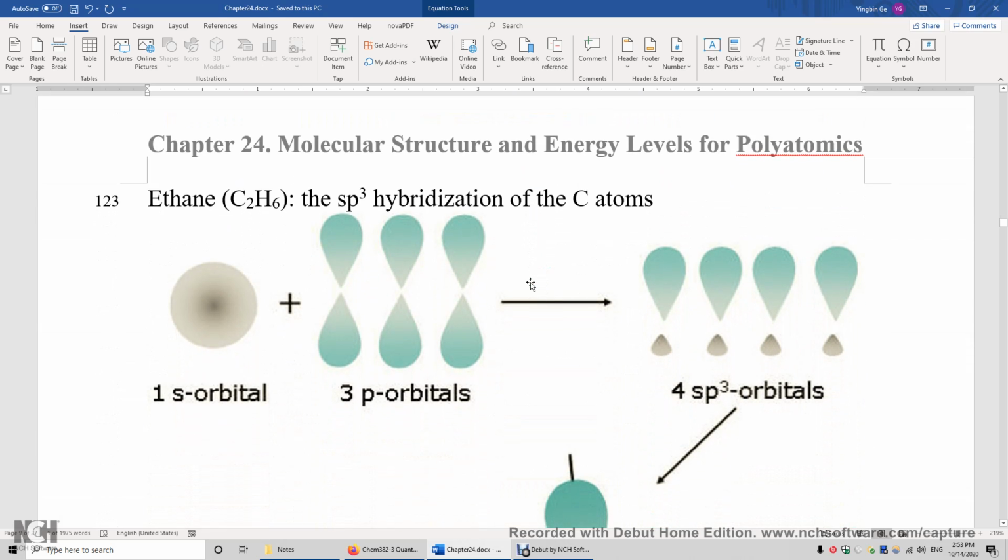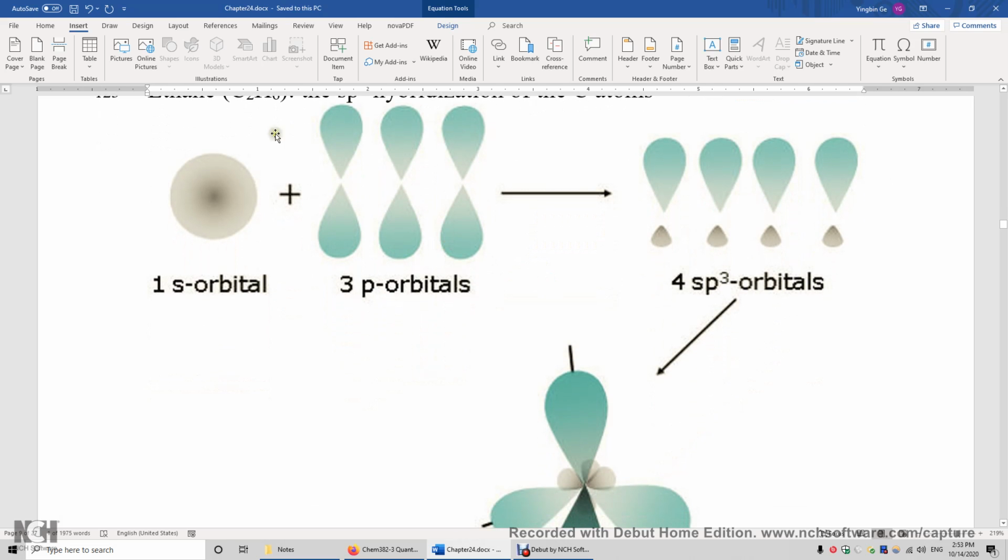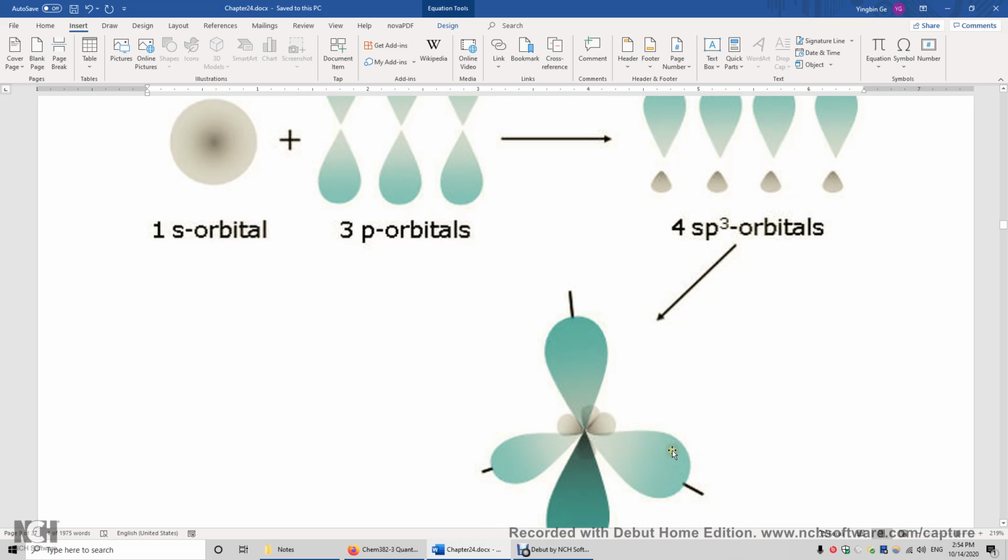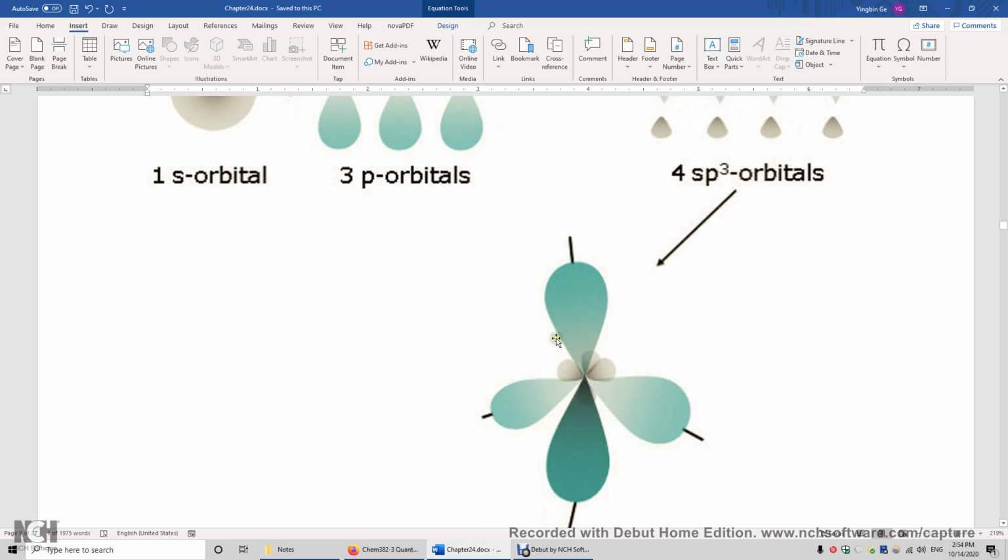Ethane, C2H6. We'll look at the sp3 hybridization of the carbon atom. So this time we're going to mix these 4 atomic orbitals to make 4 sp3 hybrid orbitals. If we put them together on the same carbon atom, they look like this, a tetrahedral shape.